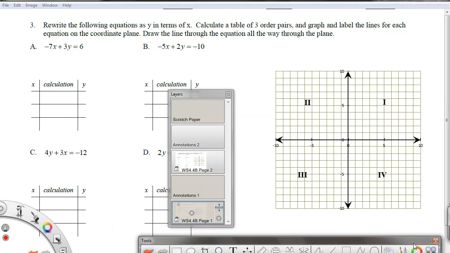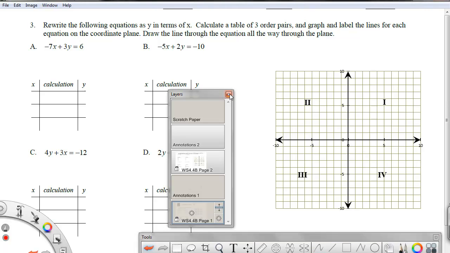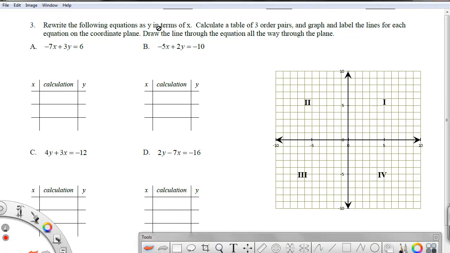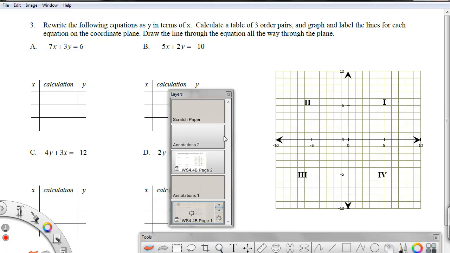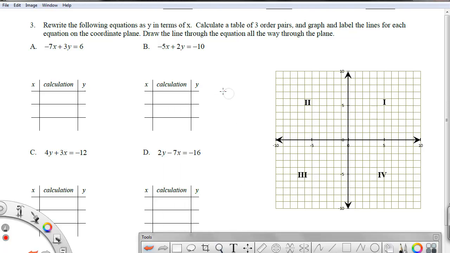Move this down here. So it says, rewrite the following equations as y in terms of x. Calculate a table of 3 ordered pairs and graph and label the lines for each equation on the coordinate plane. Draw the line for the equation all the way through the graph. So I have a little typo there. Let's make sure this layer is turned on.